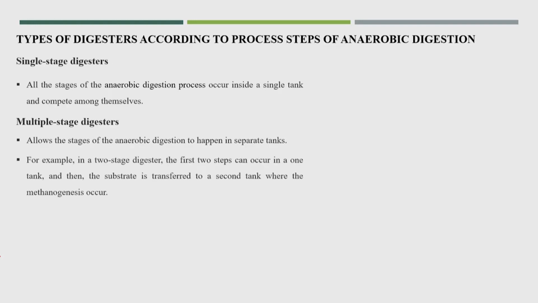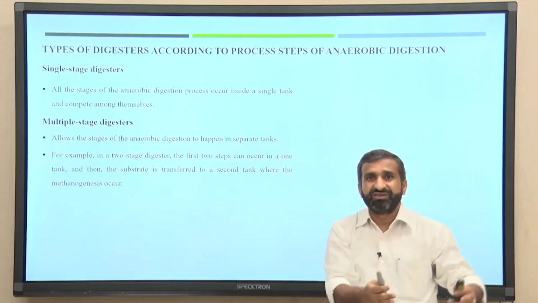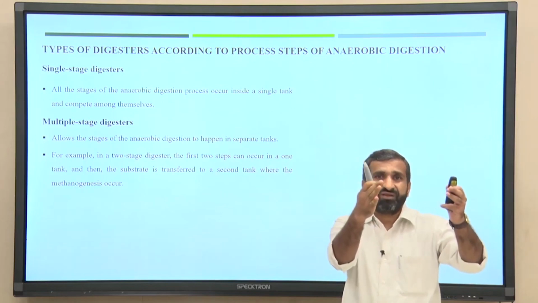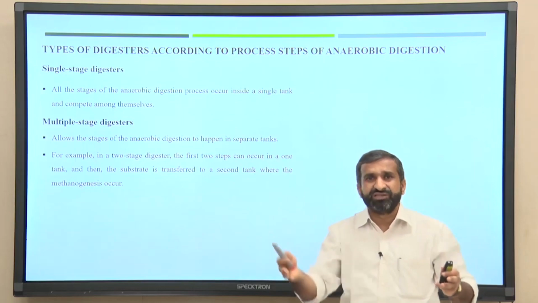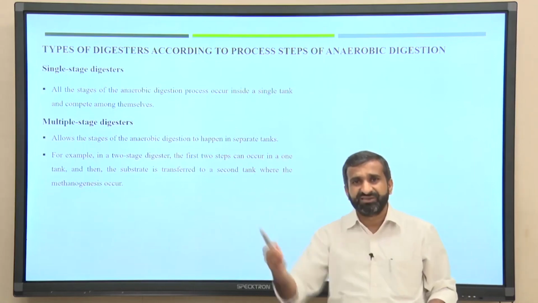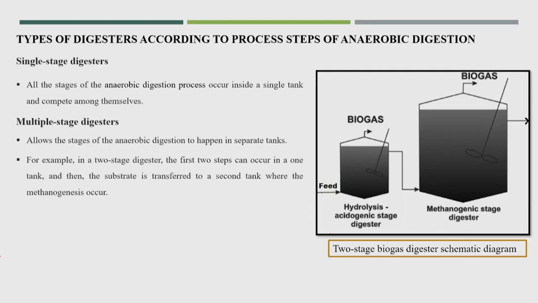the example of a 2 stage reactor. The first 2 steps can occur in one tank, then the substrate is transferred to the second tank where methanogenesis occurs. So, there is a possibility of 2 tanks, one tank for the hydrolysis and acid phase, and the outlet reaching another tank for the methane phase or methanogenesis stage.